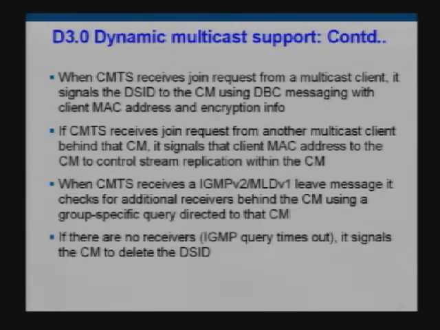And if there is no response to the group specific query, it will have to delete the DCIP from that particular CM. So it will send a dynamic bonding change asking the cable modem to delete the DCIP so that it doesn't have to receive and transmit that multicast stream into the customer premises side.